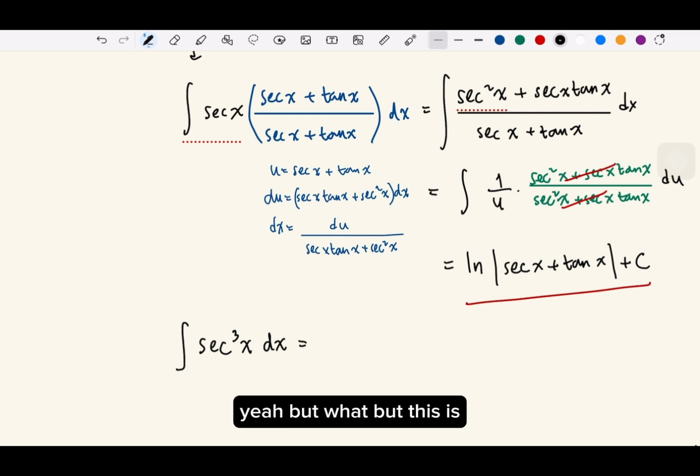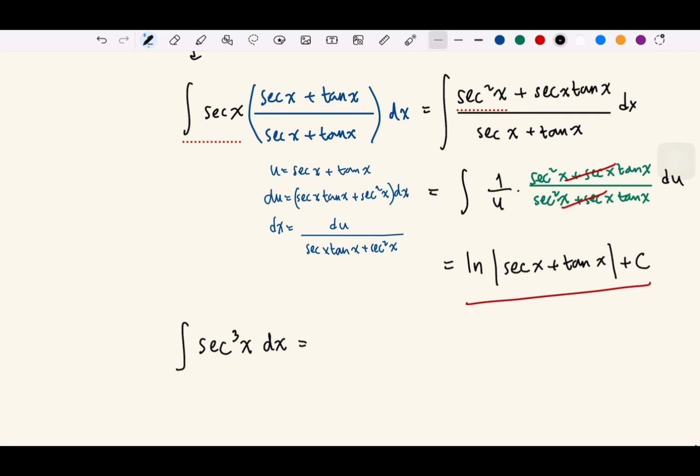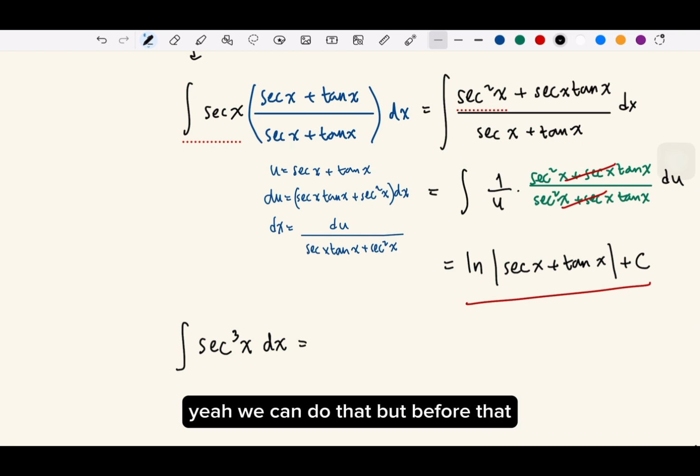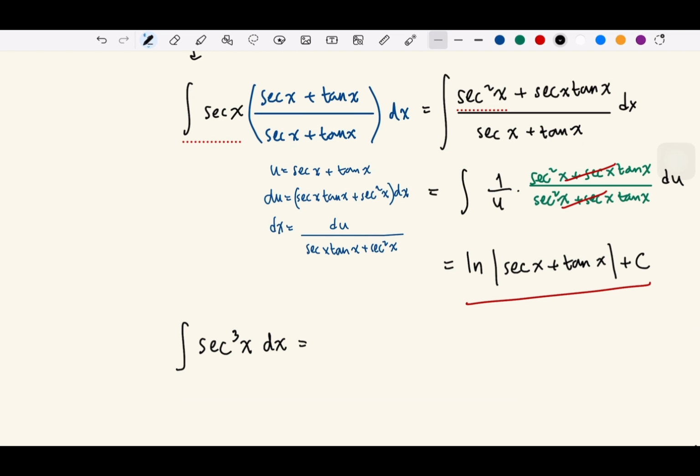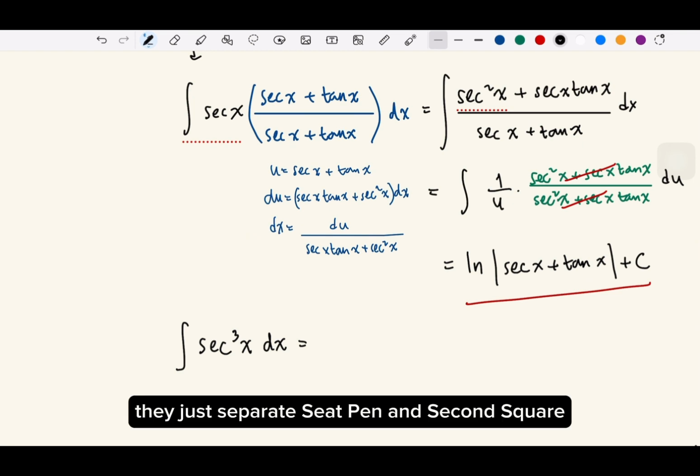But this already has a cube, right? Can we make it secant x with 1 plus tangent? Yeah, we can do that. But before that, let's just separate secant and secant squared.